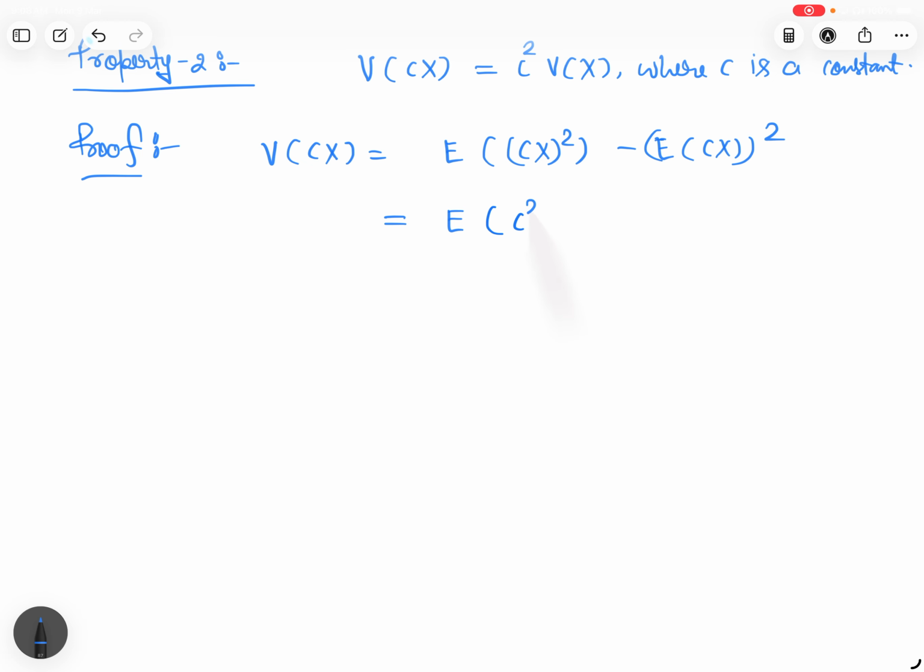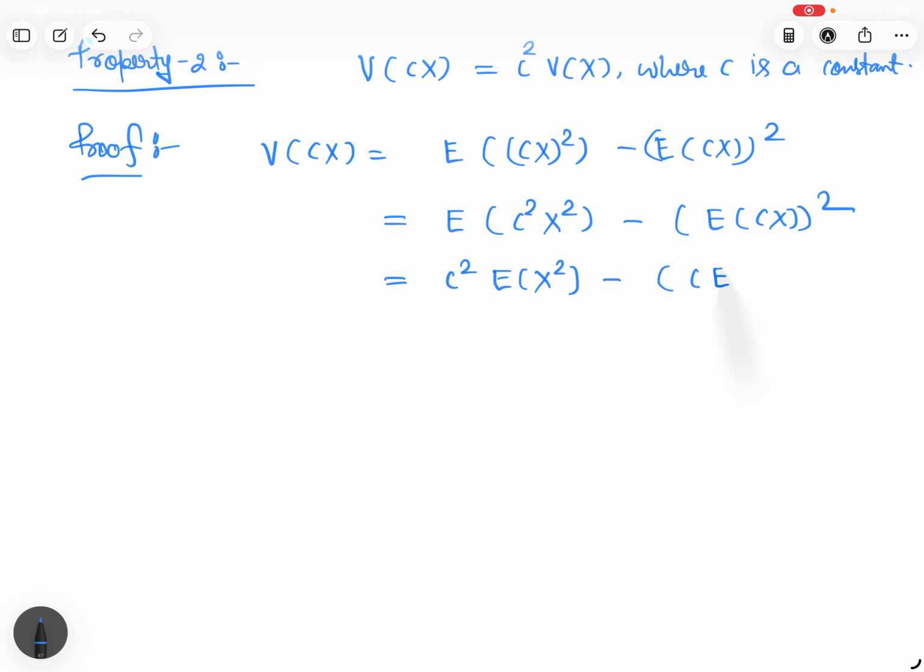So what is this? This is C square x square minus, inside thing is Cx. I know that a constant will come out in the case of expectation. So C square E of x square minus, and what is this?